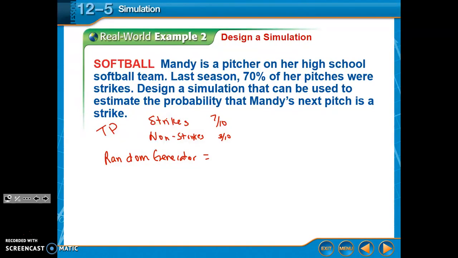But anyway, let's say we were using a random number generator. It just spits out a number between 1 and 10. Let's say that if you get a number between 1 and 7, that represents a strike. And then between 8 and 10 would represent a non-strike.